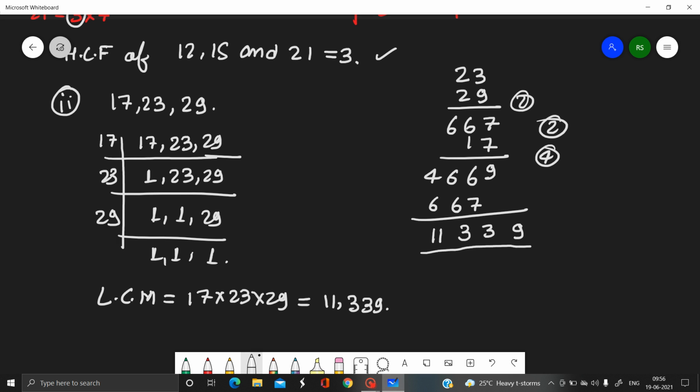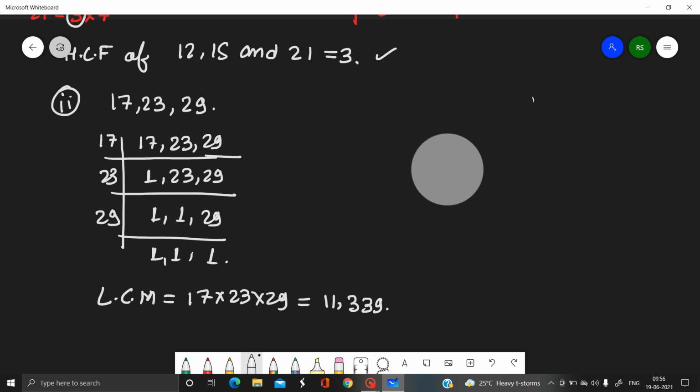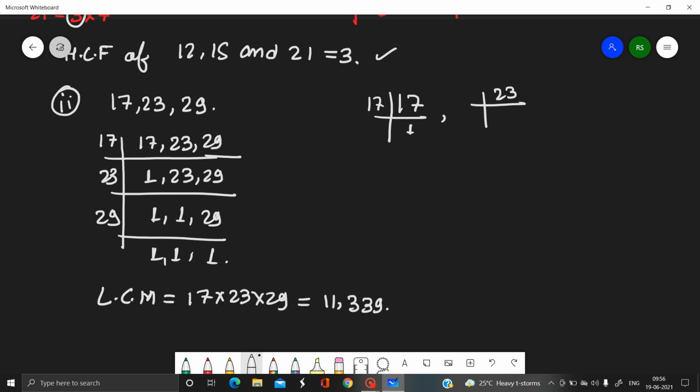11,339. Now I'm going to find the HCF. In that situation, nothing is common, because when we find the prime factorization of 17 you will get 17 only, for 23 you will get 23, and for 29 you will get 29. So nothing is common. So what is the HCF of these numbers?